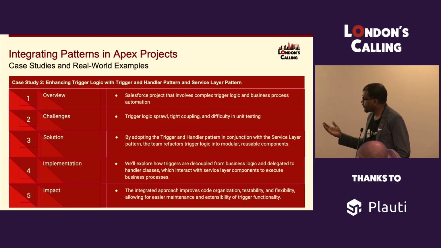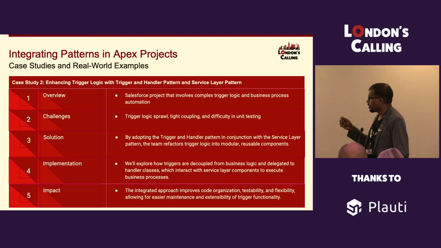The second case study is a Salesforce project that has complex trigger logic and business process automation. The challenge is again the trigger logic, tight coupling, and difficulty in unit testing especially. The solution is to adopt the trigger and handler patterns with the service layer pattern, and the team can refactor the trigger logic into modular and reusable components.